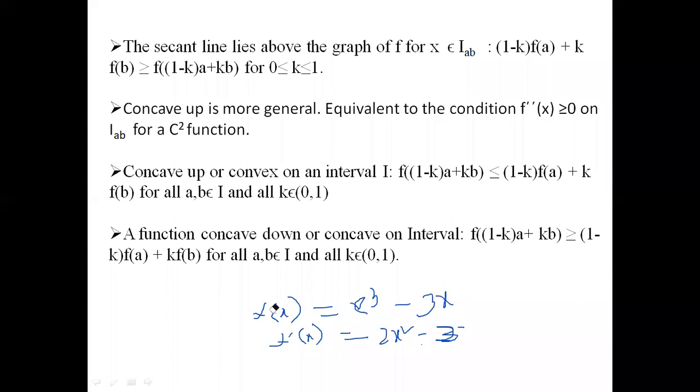So we can take the second derivative of this equation, and we will try to find out the curvature of the graph. Similarly, for a single variable, we can check what will be the curvature of a curve, and whether the curve has a point of inflection.